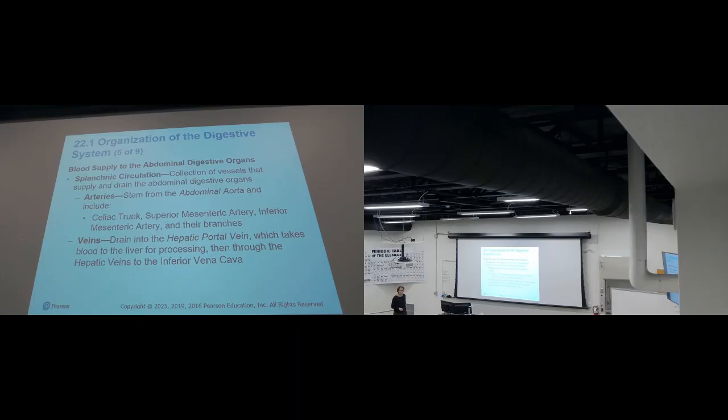The hepatic portal vein carries nutrient-rich blood. And then the liver will process this nutrient-rich blood. It will create glycogen as a storage form of glucose. It will also make proteins. Most of the proteins in our body are made by the liver. And then the rest of the nutrients will be stored as fat tissue.